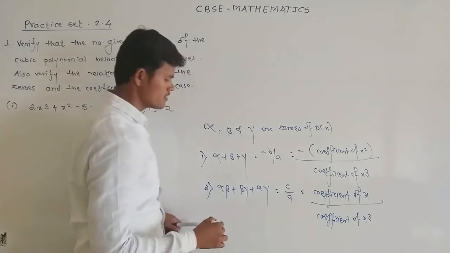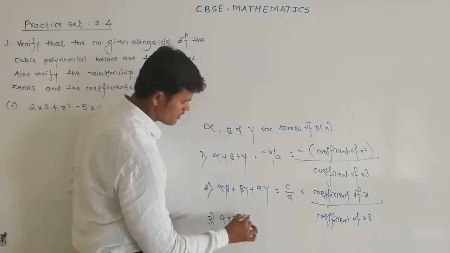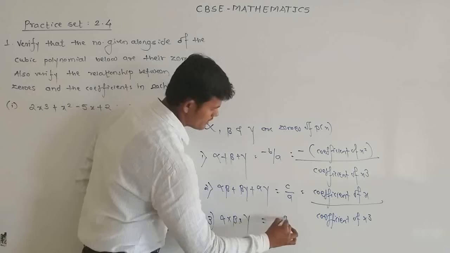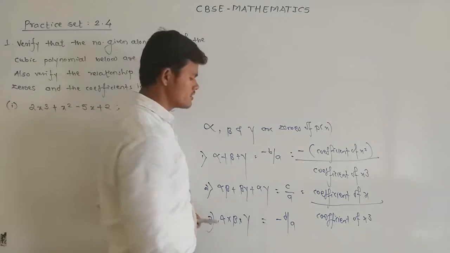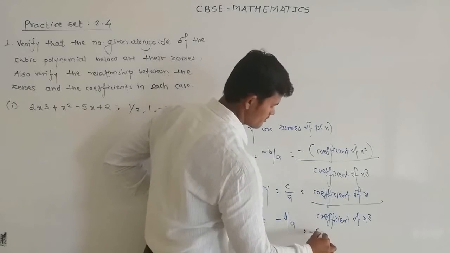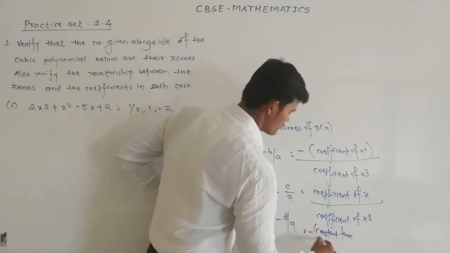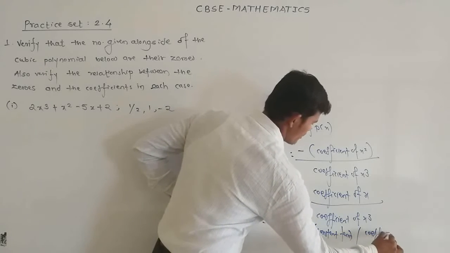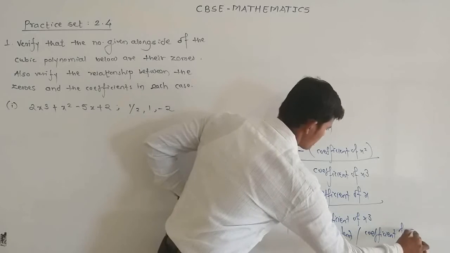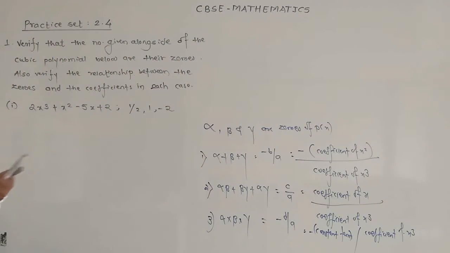And the last relation is the product of zeros, that is alpha into beta into gamma is nothing but minus d by a, where d is the constant term, that is minus of constant term divided by coefficient of x cube. These are the relationships for the cubic polynomials.